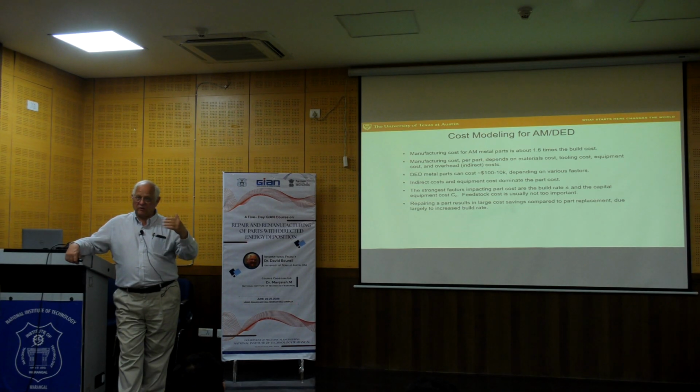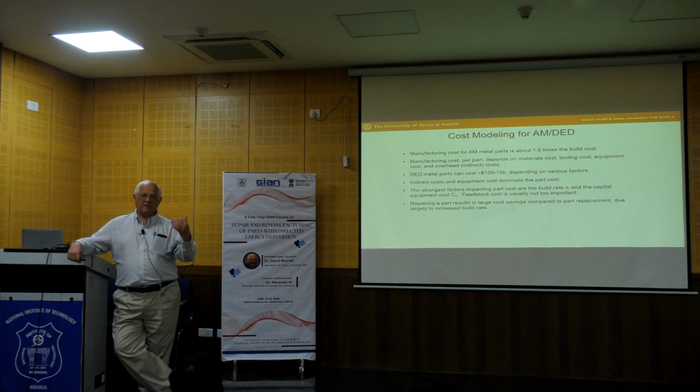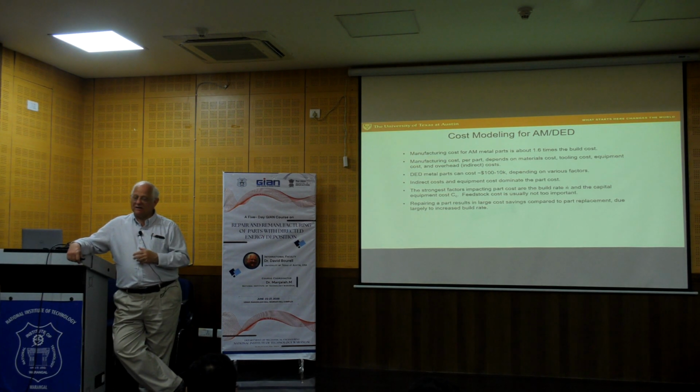And the driver to develop those machines, the X1, the direct metal, Markforged, the driving force is to reduce the equipment cost, to drive down the part cost, to be more competitive. That's the real driver there.